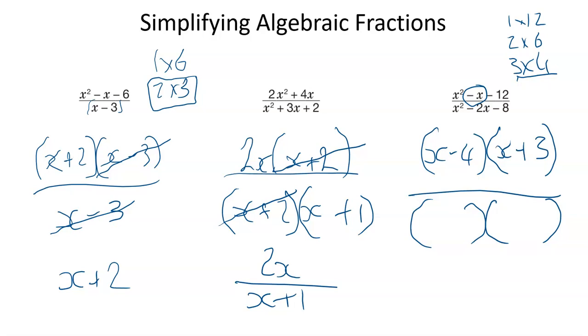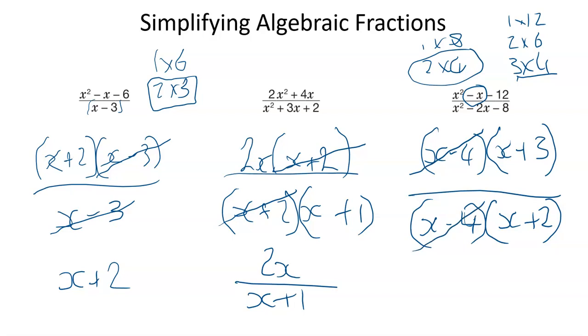And for the next one we need 8, so that's 1 times 8 or 2 times 4. And it's the 2 times 4 that will give us 2. So it's going to be x minus 4 and x plus 2 in order to give us the minus 2x there. And once again, you can see when it's now in this form, the whole brackets now cancel, and the answer is x plus 3 over x plus 2.